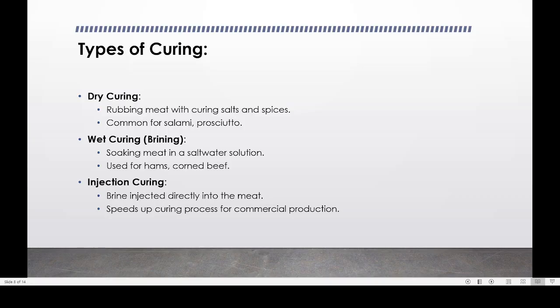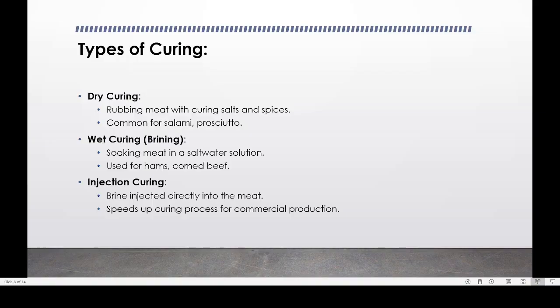We will be injecting some brine solution into the meat, and here you can also see how they are applying this injection syringe for cooking. This is the technique for injection curing. See how they are doing it.